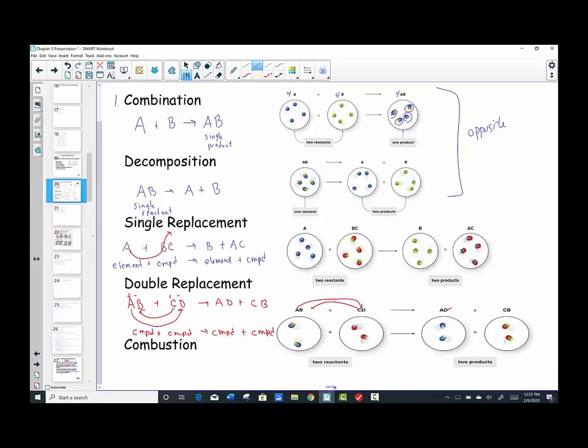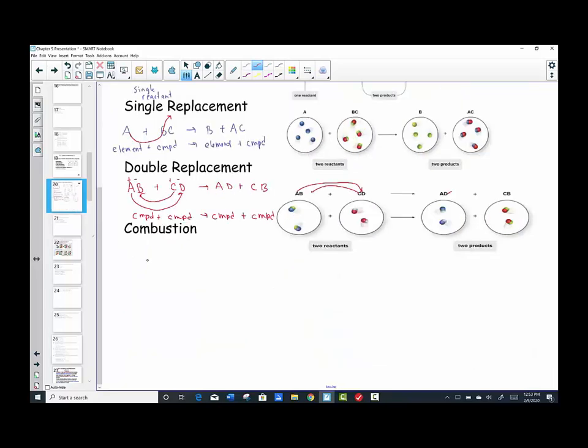And the combustion pattern, this is where we take a hydrocarbon, combine it with oxygen, and form carbon dioxide and water. And it releases all kinds of heat and energy and light. This hydrocarbon is some sort of fuel that you're burning in a combustion pattern.